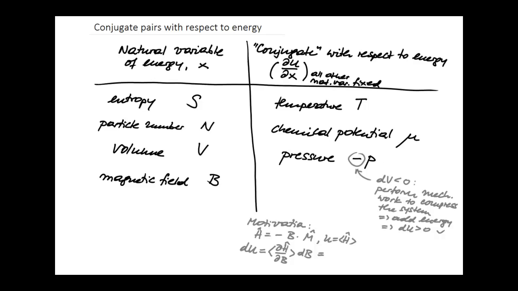But when you take the simple form of the Hamiltonian that I wrote down above, minus B times M, then this is equal to minus the expectation value of M times dB. And you recognize that the coefficient in front of the dB is minus the expectation value of the magnetic moment.